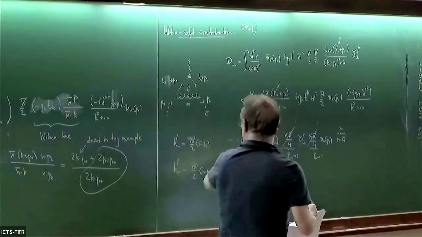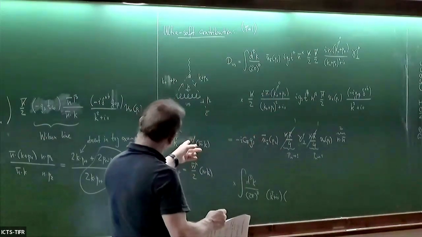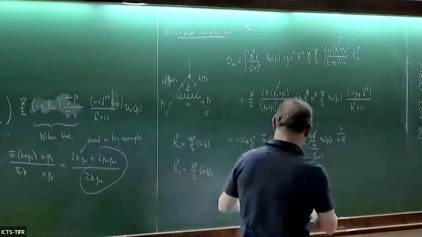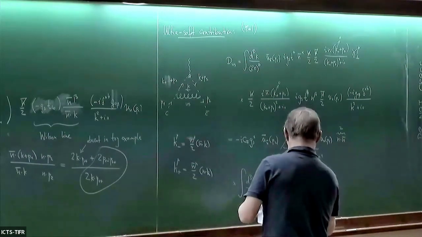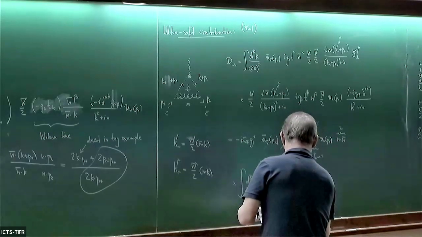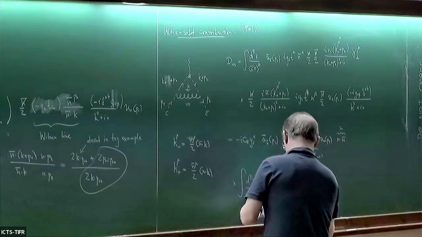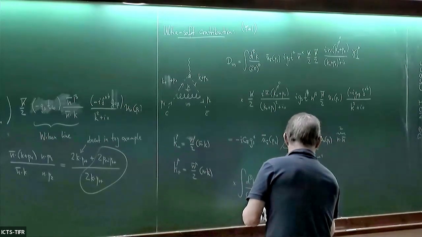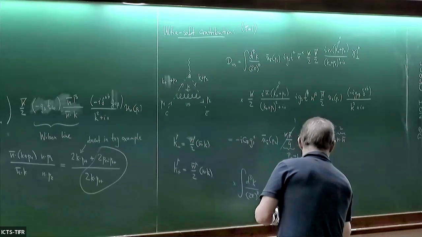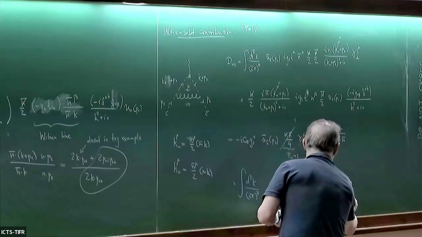k plus and k minus squared are 0. They are null vectors. So I can write this out, and I find 2k plus times p1 plus p1 squared plus I0, 2k minus p2 plus p2 squared plus I0.